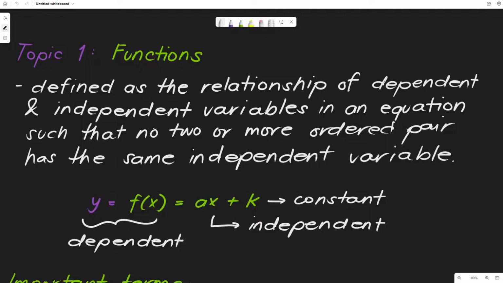A function is defined as the relationship of dependent and independent variables in an equation such that no two or more ordered pairs have the same independent variable.